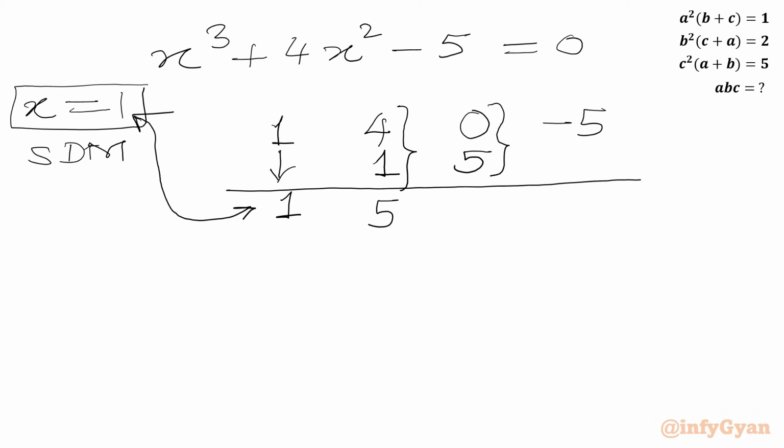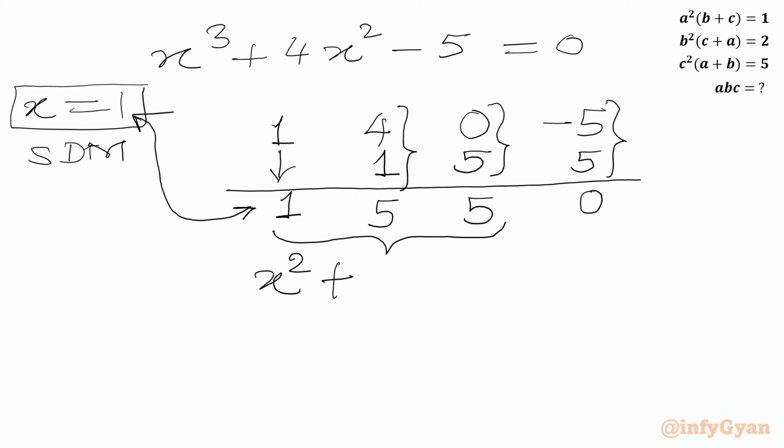The addition of these two will give us 5 once again. 1 times 5 is 5. Once we add these two, we are going to get sum 0. So these are the coefficients for the quadratic equation. In x, we will write x square plus 5x plus 5 equal to 0.